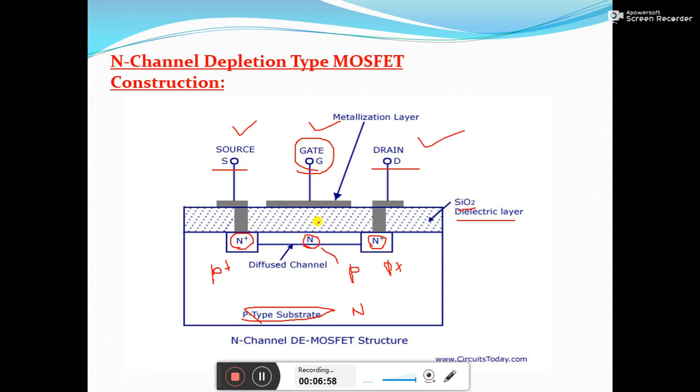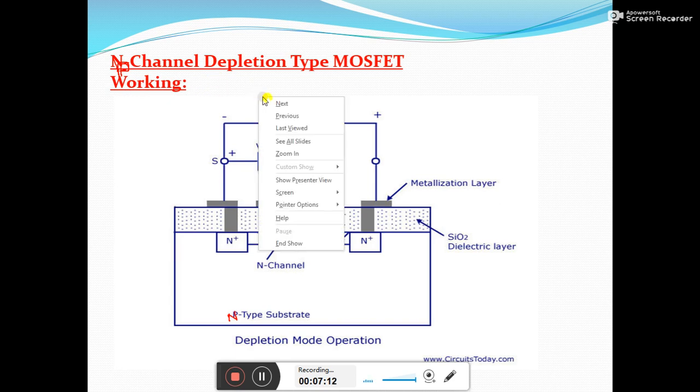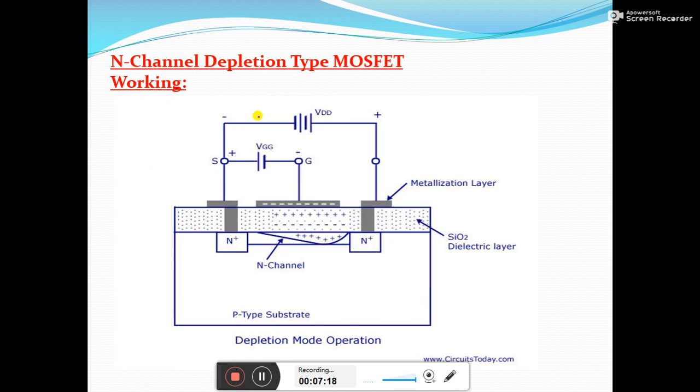Again the entire construction will be the same, and since the channel is of P type material, such depletion type MOSFETs are referred to as P channel depletion type MOSFET. Next, in the next slide we will see the working of the N channel depletion type of MOSFET.